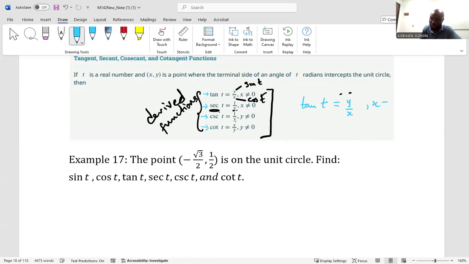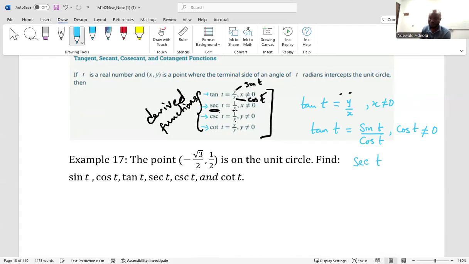Remember, x cannot be 0. Another way to put this is to say tangent of some angle is, remember, y is sine of that angle and x is cosine of that angle. And we claim that the cosine of that angle cannot be 0. Okay?